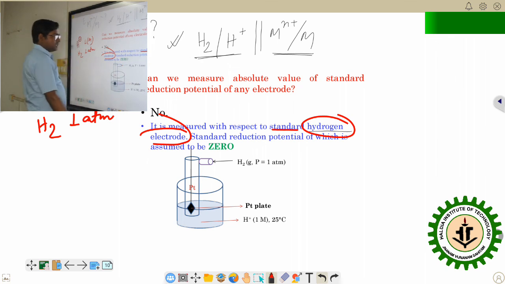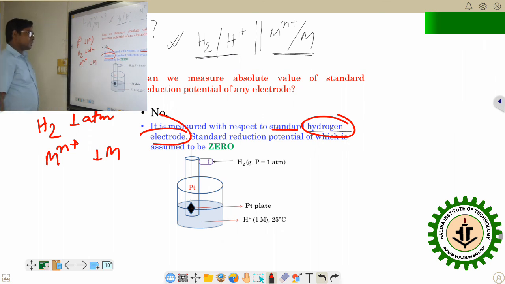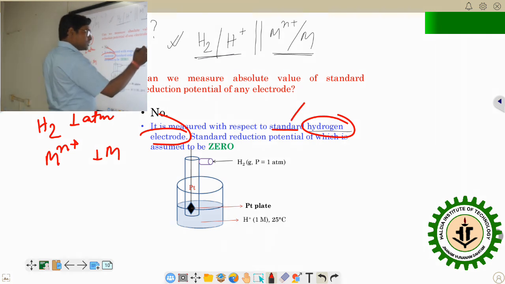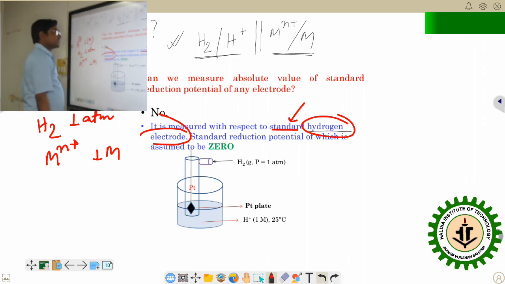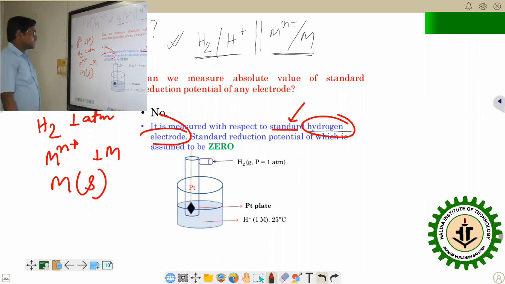Standard hydrogen electrode. M^n+ also will have some concentration. How much concentration would it be? It should be 1 molar, because we are going to consider the standard state. If M is the metal, that must be in solid state. This is the standard condition.